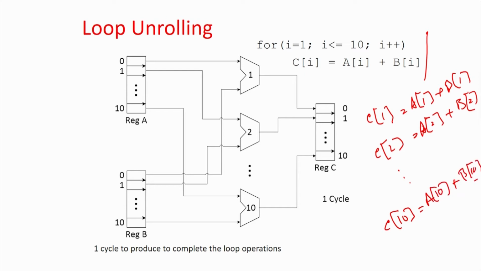So, effectively there is no loop here. I have only 10 operations. That is what unrolling means: you unroll the loop, you eliminate the loop, right.